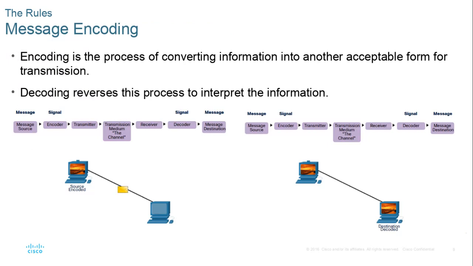So let's take the message and encode it. Let's take some text message and convert it into ASCII character code. Let's take a picture and convert it into a JPEG code. Let's take a movie or a television show or a moving action with sound, and encode it to an MPEG-4 format so we can move it from one device to another device.